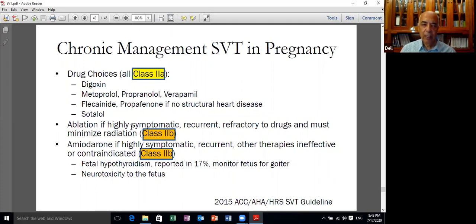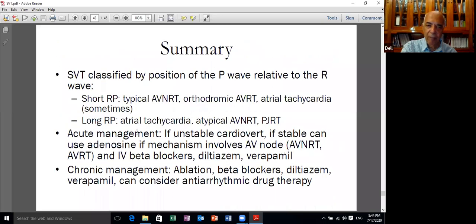So usually we keep away from ablation, in addition to the effect of radiation, although with a new mapping device you can carry out ablation with little radiation or no radiation at all. So this is the important point: we prefer the use of drugs, but keep away from drugs that have teratogenic or neurotoxic effects on the fetus.